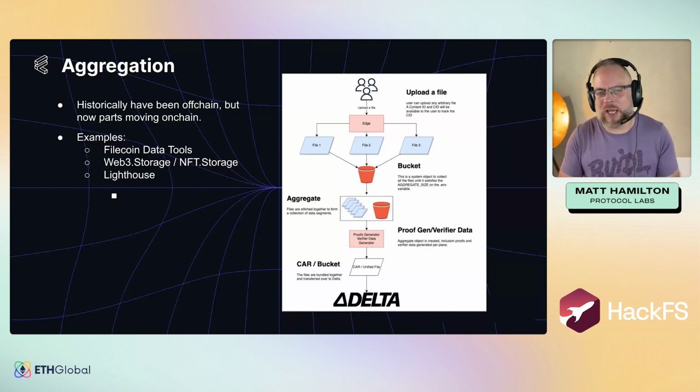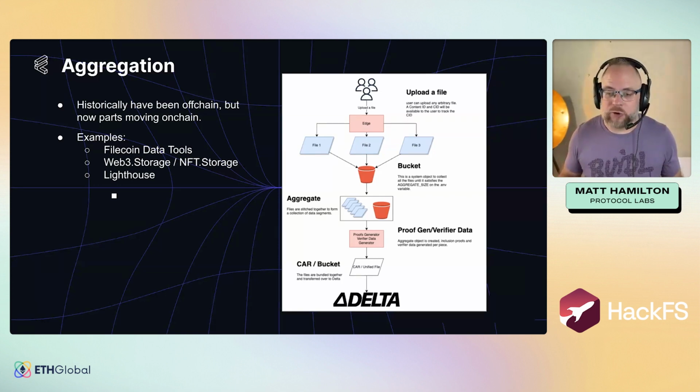Typically what happens is a file is uploaded to a service called Edge that is part of Filecoin Data Tools. Edge then will take these multiple files, put them in a bucket where it is aggregated together. The files are then stitched together to form a collection of data segments.